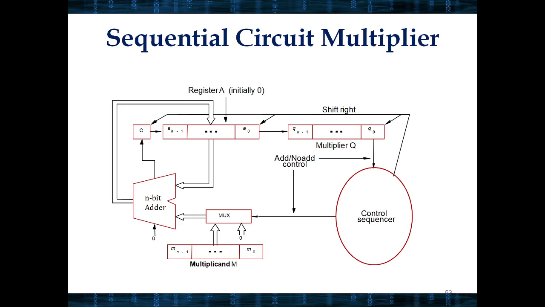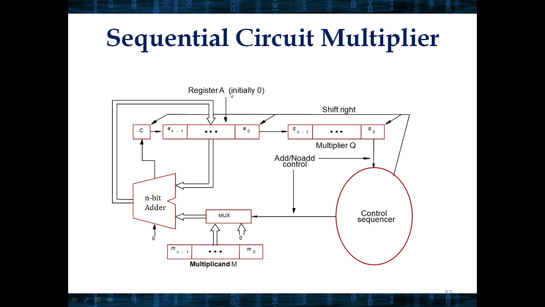Here we use two registers, A and Q, which are combined to hold the partial product. In the ith stage, whatever partial product it generates is represented by these two registers A and Q. The final product will be the combined bits of these two registers.